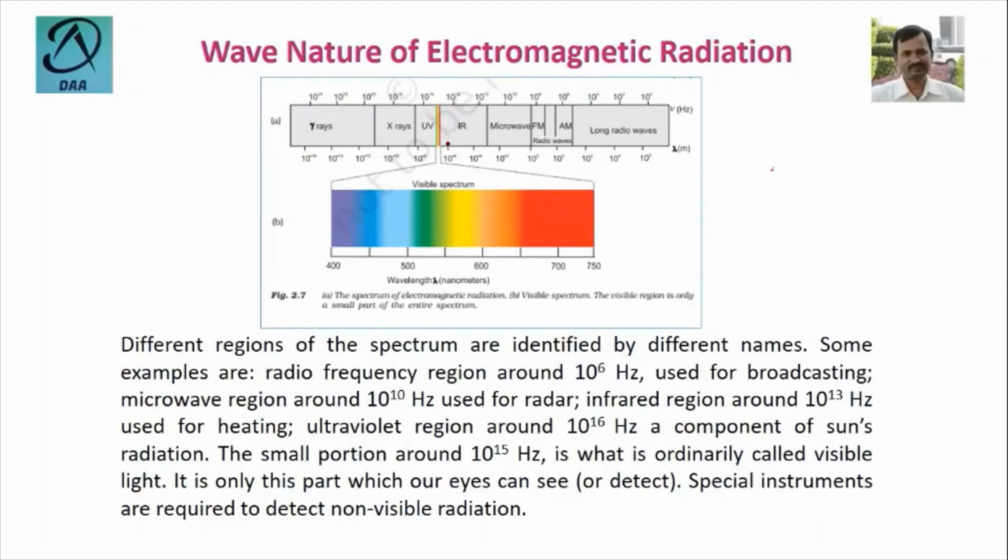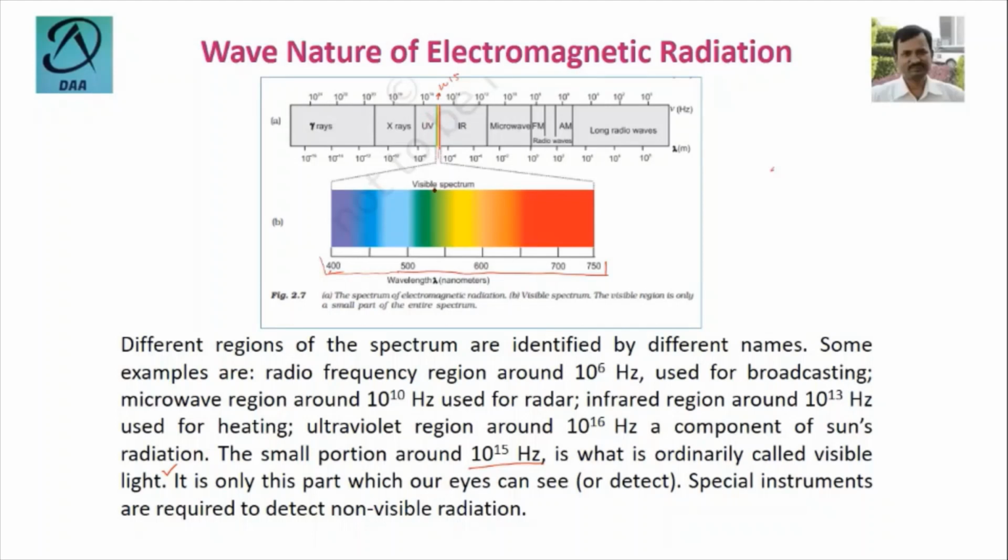After IR, next is the visible region. You can see this whole band from 400 nanometer to 750 nanometer, the whole range is the visible spectrum, where we can find visible light. This small portion is around 10 to the power 15 hertz.